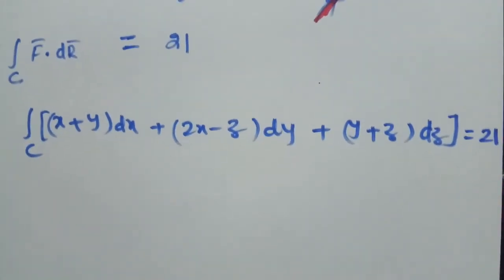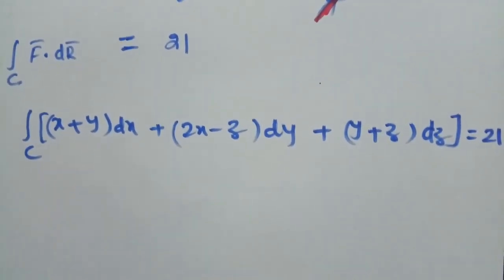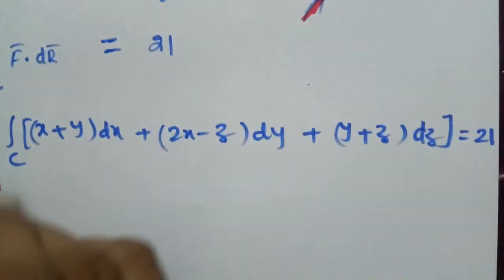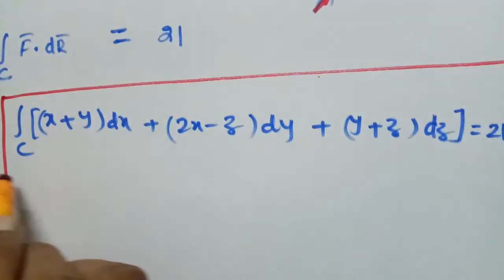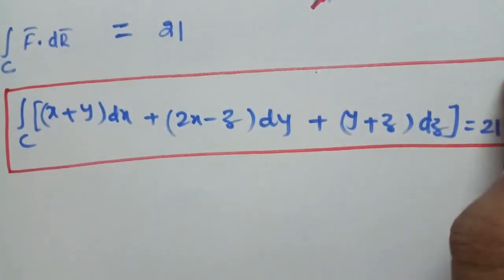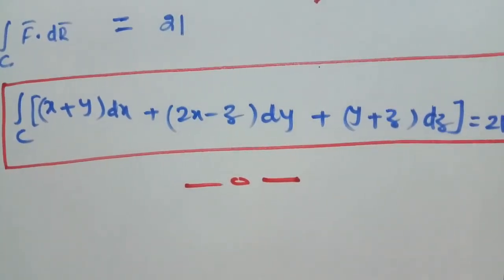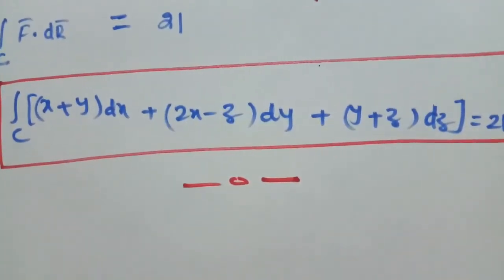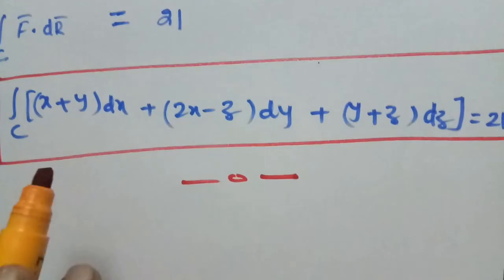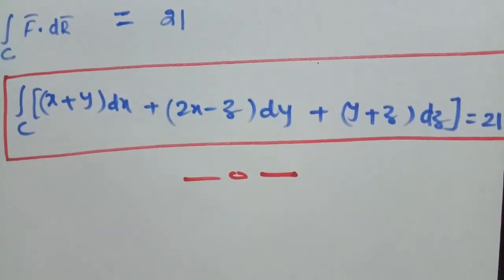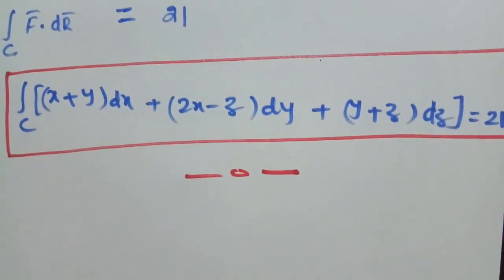This is the value of the given line integration. So, we evaluated this value by using Stokes theorem. By using Stokes theorem, this line integral is calculated by using the surface integration.